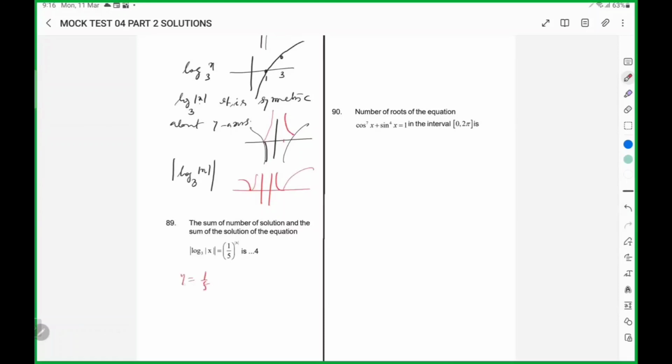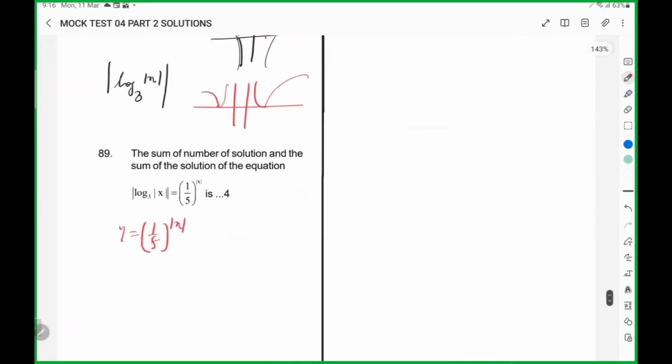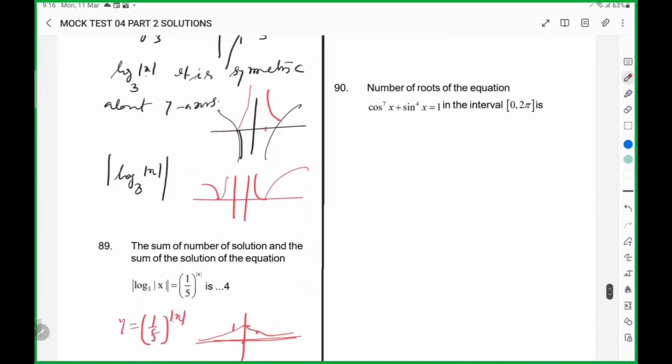So here another function is, when x is positive, x0 is 1, x is 1, 1 by 5, graph comes like this. Since it is symmetric about y-axis, replace x with minus x, there is no change.